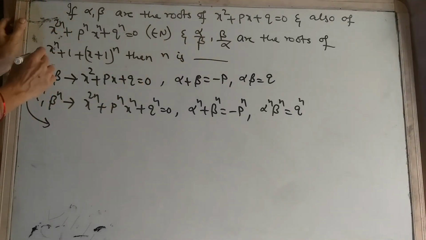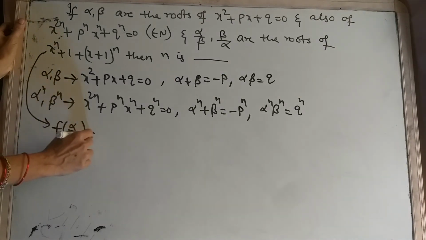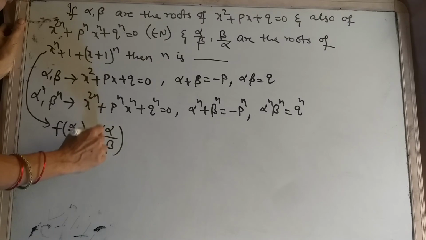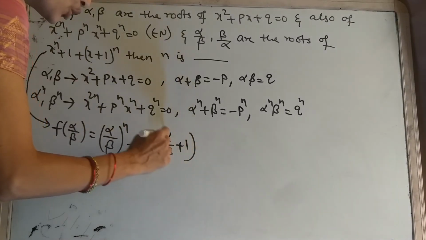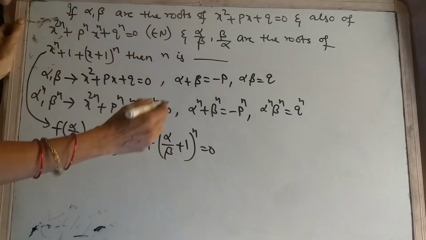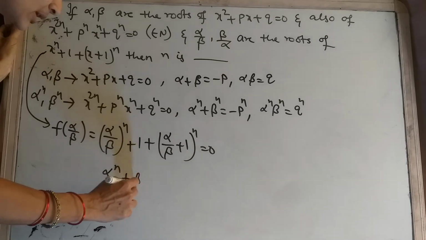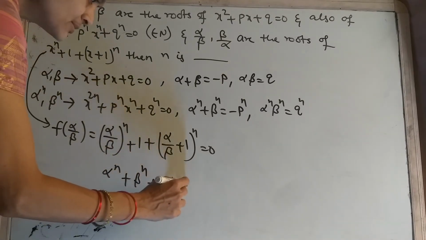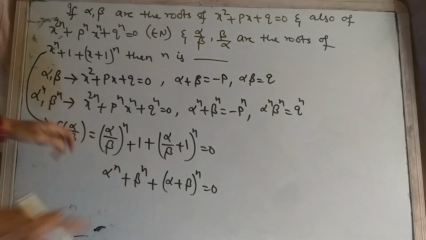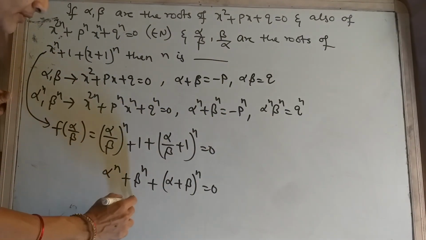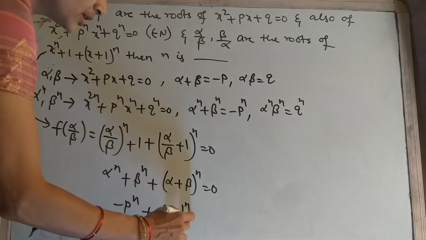This equation is f of alpha by beta you should write. Then (alpha by beta) whole power n minus 1 plus (alpha by beta) plus 1 whole power n equal to 0. So now after simplifying you get alpha power n plus beta power n plus (alpha plus beta) whole power n equal to 0. Here already you saw, no, alpha power n plus beta power n is minus p power n, plus (alpha plus beta), that is (minus p) whole power n equal to 0.